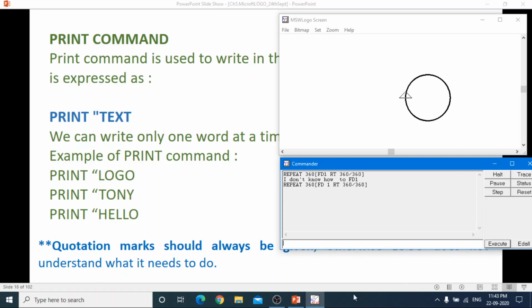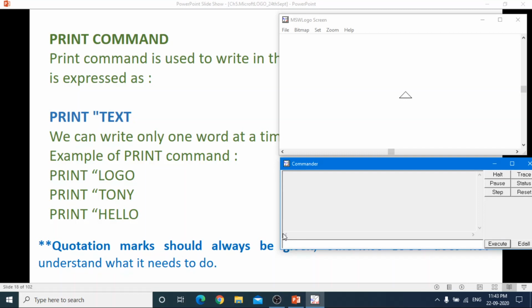So what is our command? 360 divided by 360, RT1. This is a circle. Now to draw a semicircle, we'll halve it. So CS to clear the screen, CT to clear the text area.